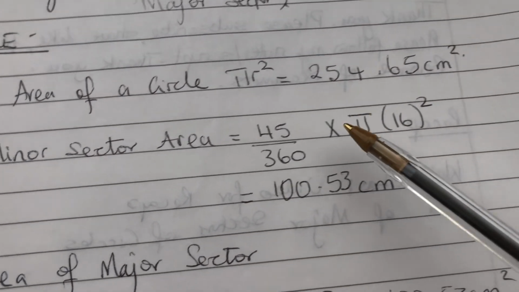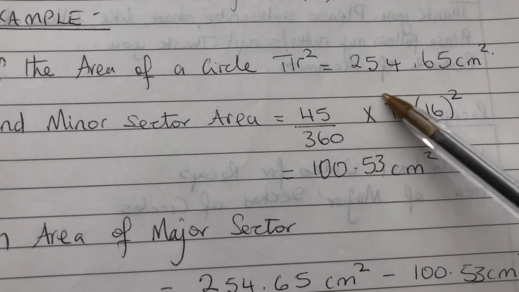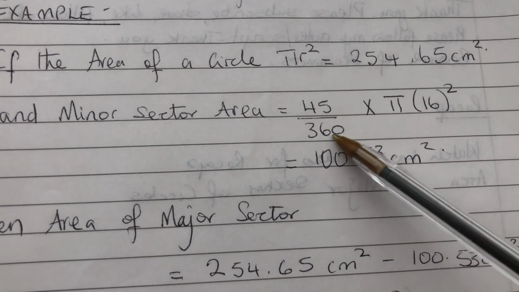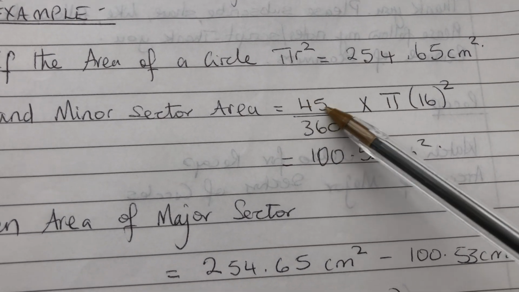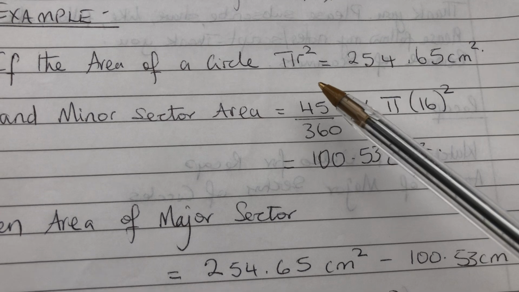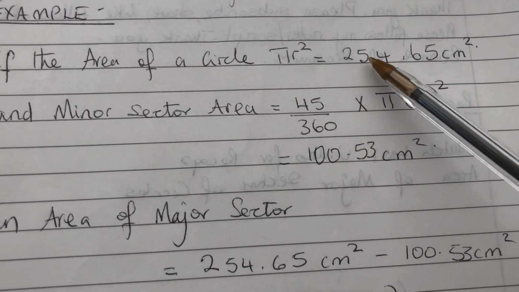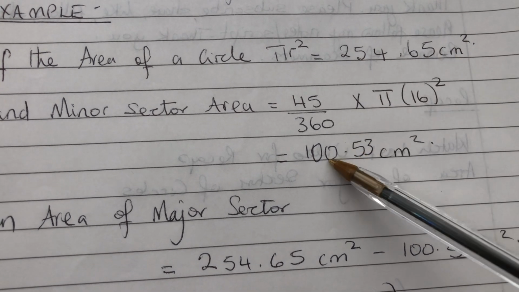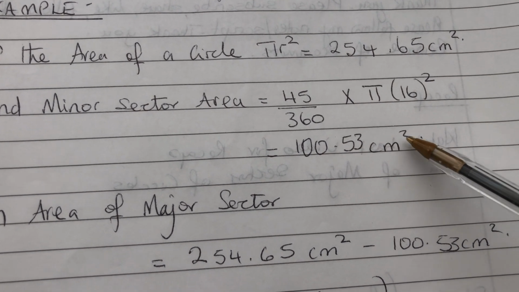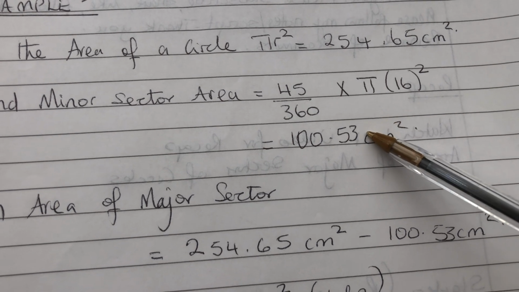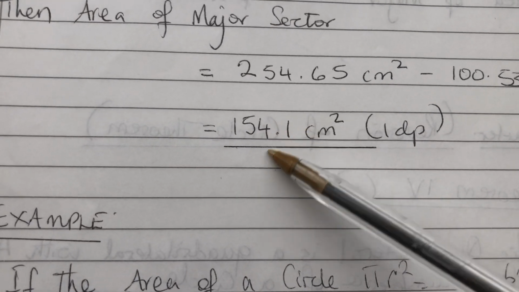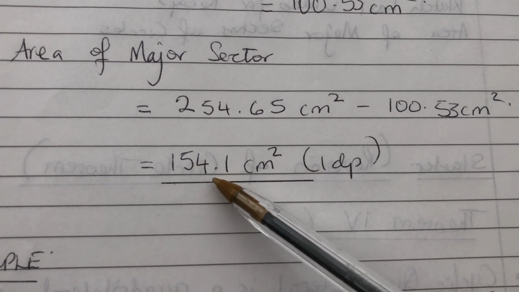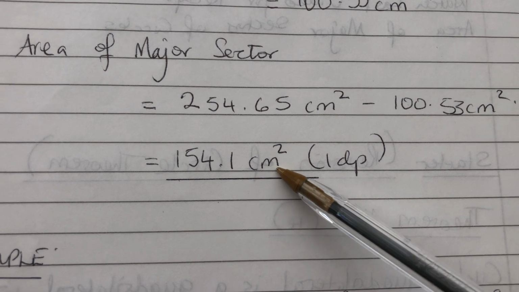Here you've been given the area of the full circle, and then you have the area of the minor sector with angle 45 degrees. To find the area of the major sector, you subtract 100.53 from 254.65, and the unit is centimeters squared. If you do that to one decimal place, you are going to have 154.1 centimeters squared.